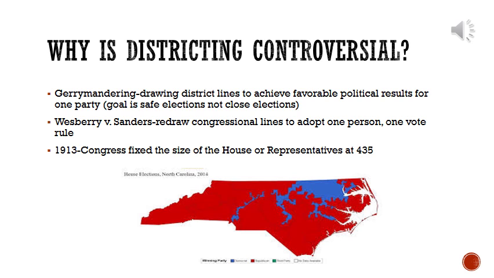So we've gained a lot of people since then, but with Westbury versus Sanders, it has to be a one person, one vote rule. And in 1913, Congress is going to fix the size of the House of Representatives at 435. So eventually, in our lifetime, we probably will see congressional districts that are going to house 1 million people on average.